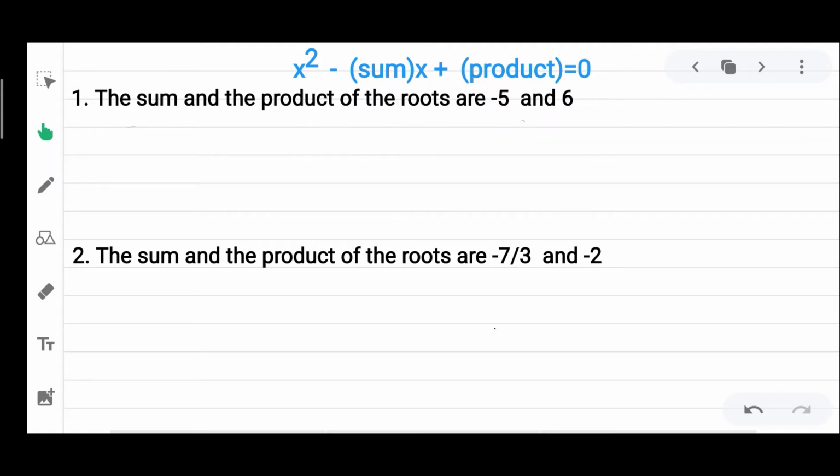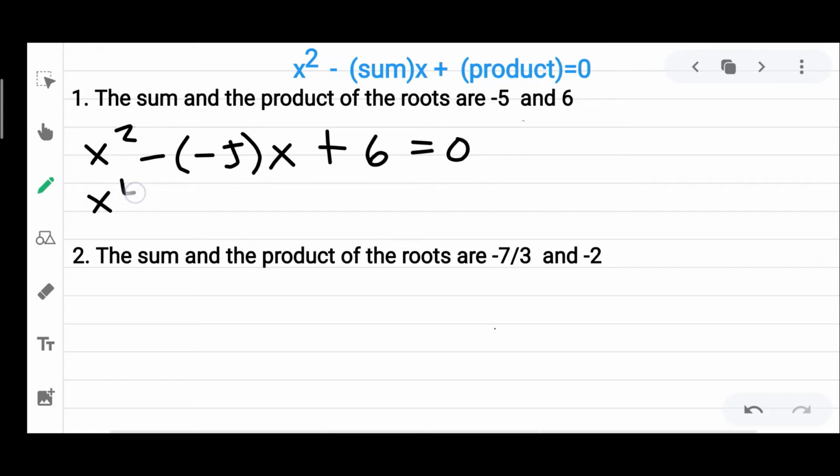Okay, so just bring down x squared, copy negative, and then yung sum natin is negative 5, copy x, copy the sign, positive, and then yung product natin is 6. Then equals 0.